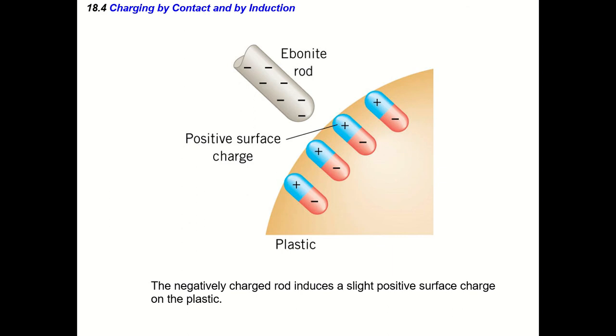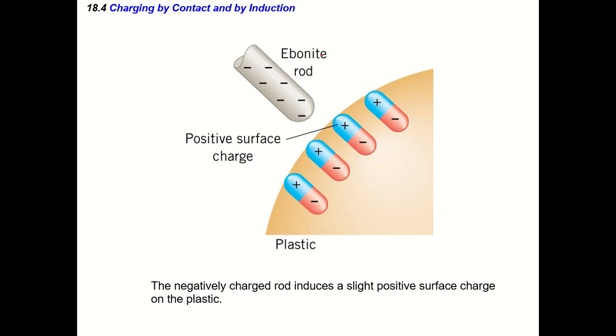Another scenario here: we have a plastic and an ebonite rod. The negatively charged rod induces a slight positive surface charge on the plastic.